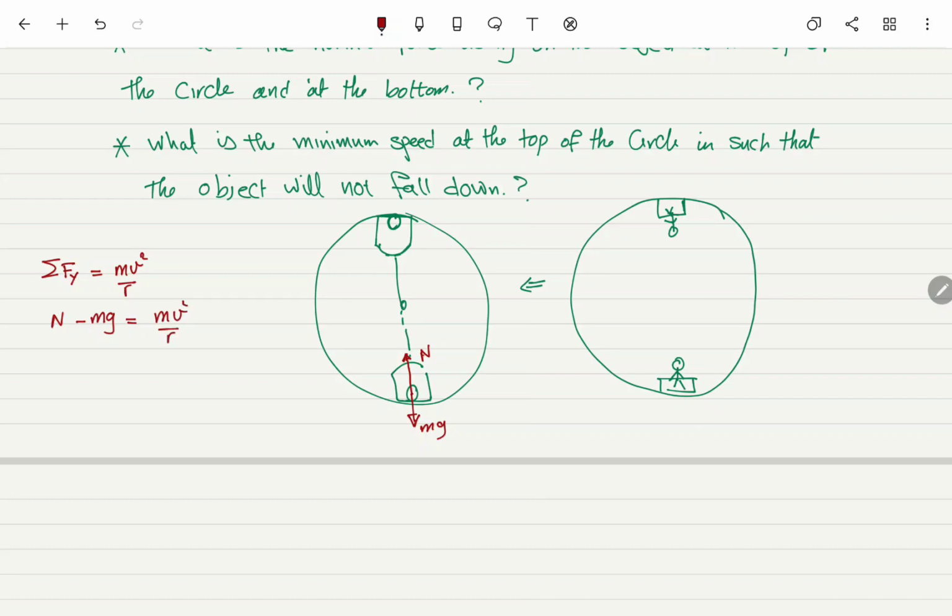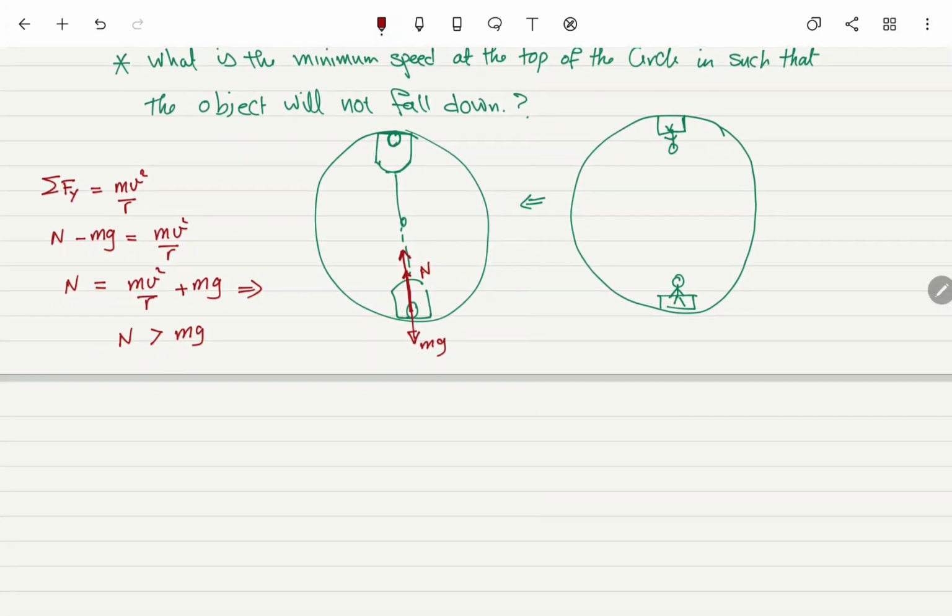So the normal force equals mv square over r plus mg, which means the normal force is greater than mg. Now to solve this situation at the top, this is at the bottom.